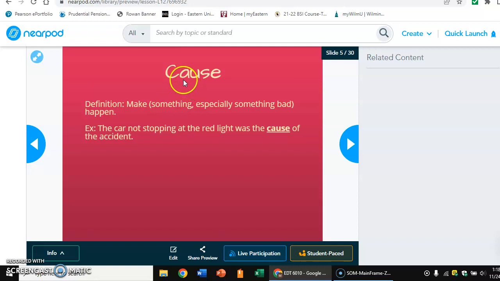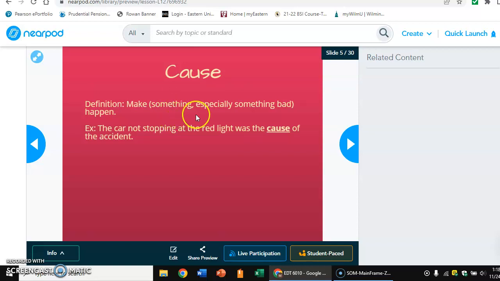This is a word that many of us are familiar with, especially in an ELA setting. It's normally paired with the other word effect, cause and effect. But cause means to make something, especially something bad, happen. Let's take a look at this example. The car not stopping at the red light was the cause of the accident.